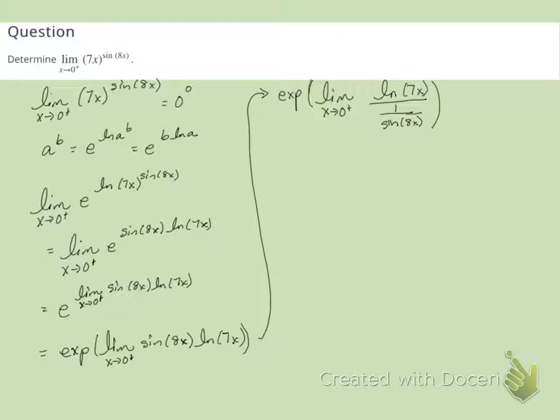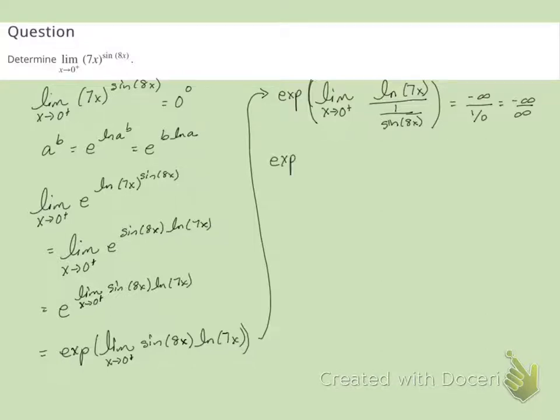So now, when I do the direct substitution with this limit, the natural log of 0 as it approaches from the right side is going to be negative infinity. And then I'll have a 1 over 0 in the denominator, giving me that infinity over infinity form. So I can use L'Hopital's rule.